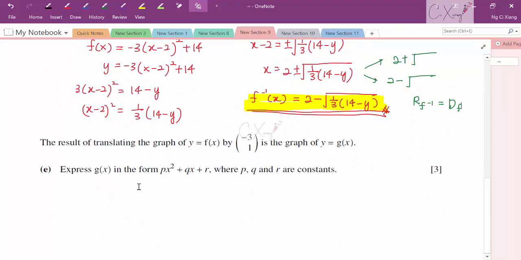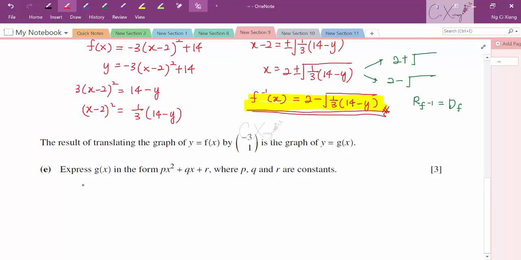All right, so for part E, the result of translating the graph of y equals f(x) by this translation is the graph of y equals g(x), and they want us to express g(x) in the form of px squared plus qx plus r, where p, q, r are constants. So let me write out the original function f(x) first.